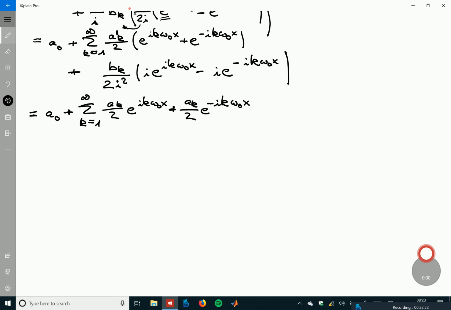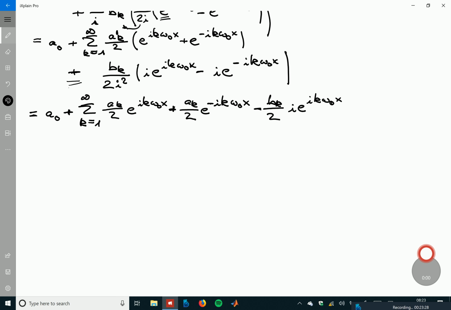So here we now have to pay a little bit of attention. We have here an I square, which is what? That's -1. So we change the sign here. So this is divided by -1, so we get a minus sign. So we get BK divided by 2 with a minus in front, and here we have I, A, K, omega 0x, and now we are also resolving the bracket.